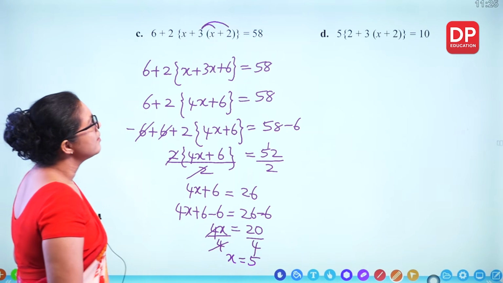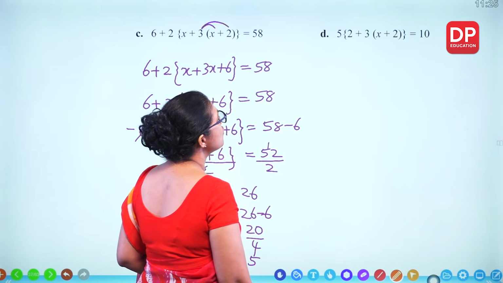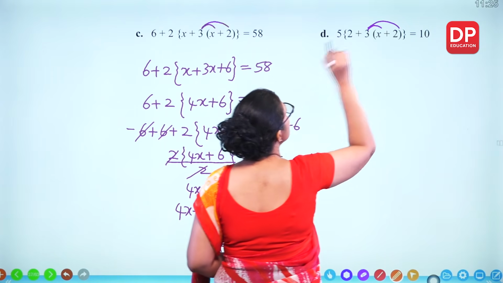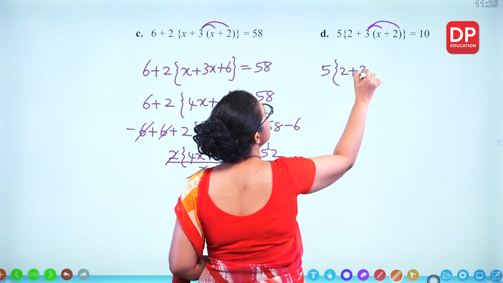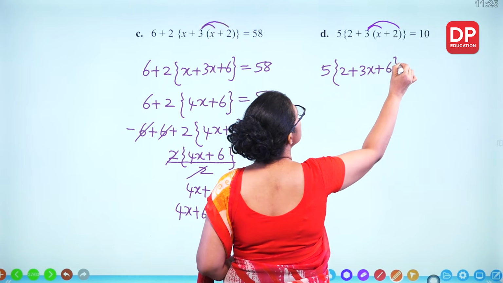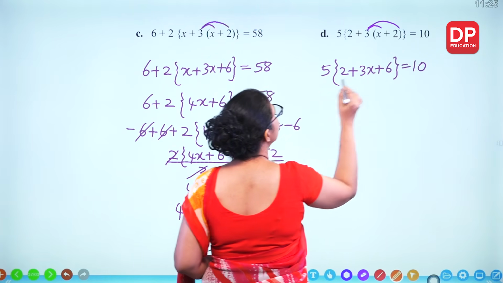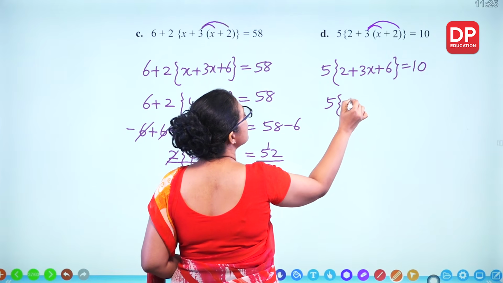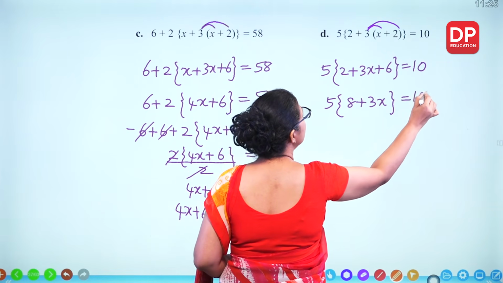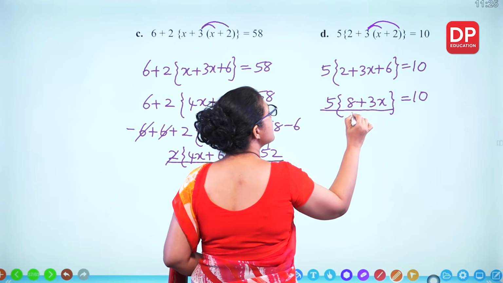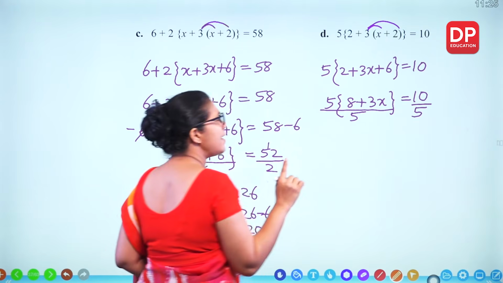This one, there's a 3 outside, so you have to expand this one first. 3x plus 6 equals 10, then 8 plus 3x. Divide both sides by 5 without expanding brackets.